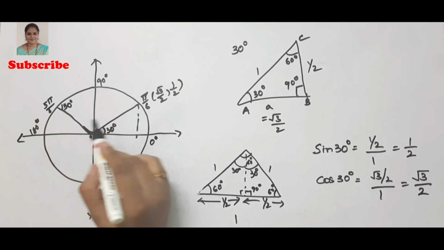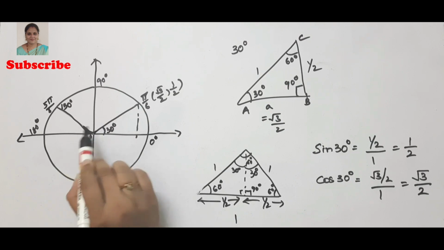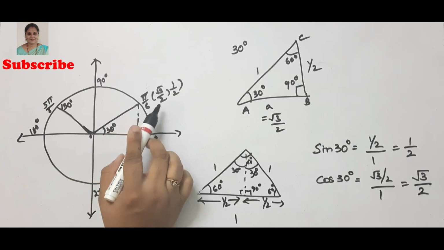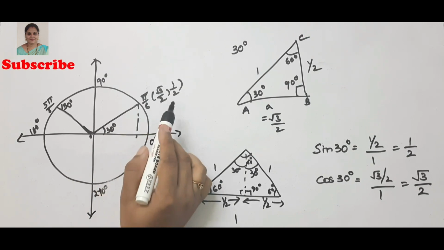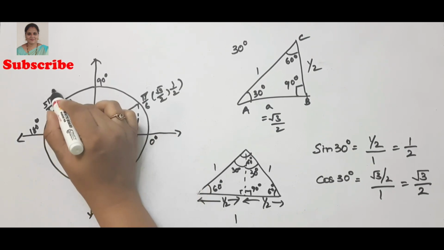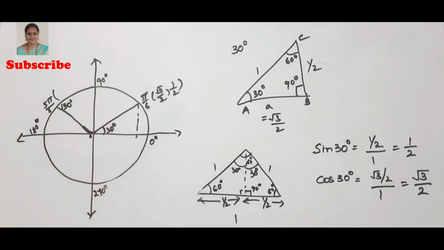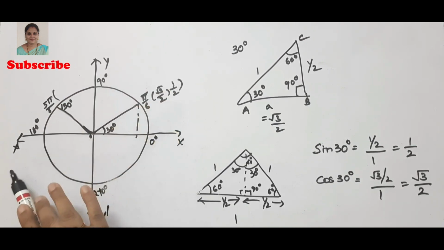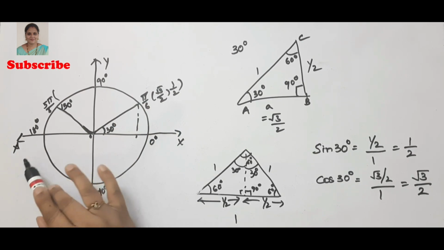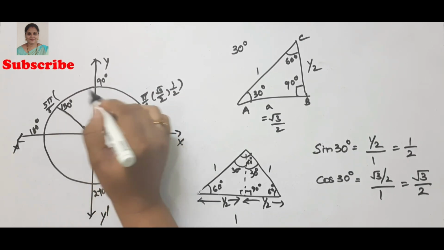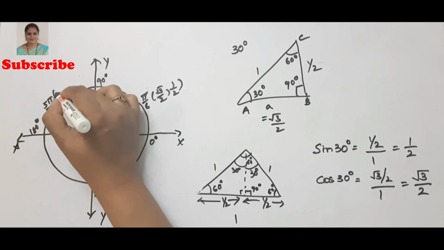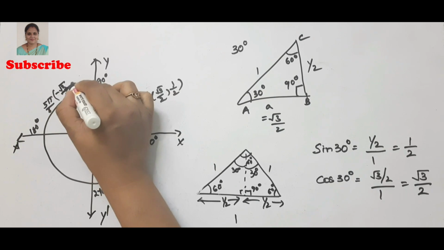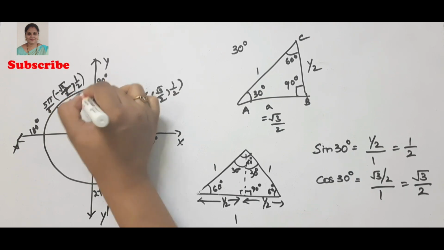So at 150 degrees, you will get the same value of cos theta and sin theta, only there will be a change in signs. Here y is positive and x is negative. So the coordinates will be the same values, only the sign changes. So x is minus root 3 by 2 and the y value will be 1 by 2.